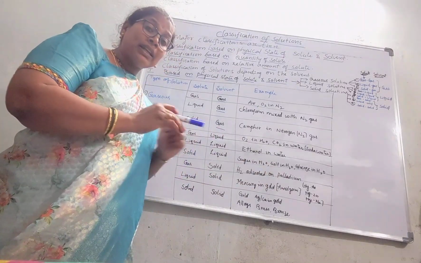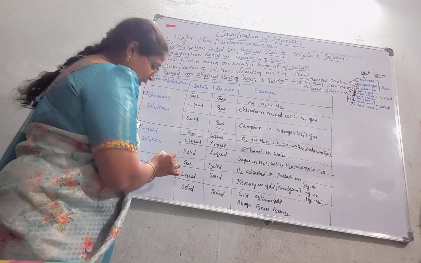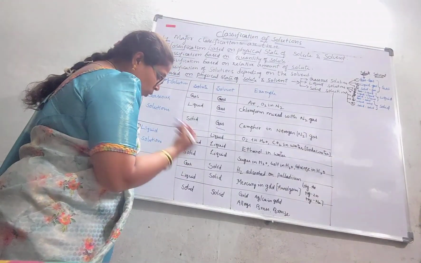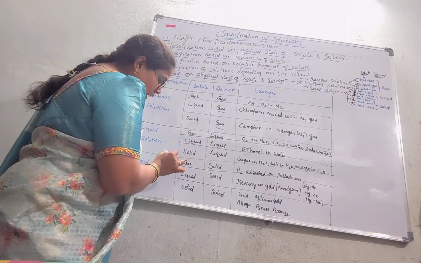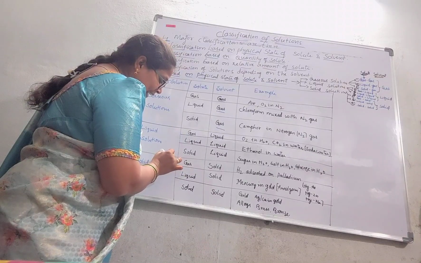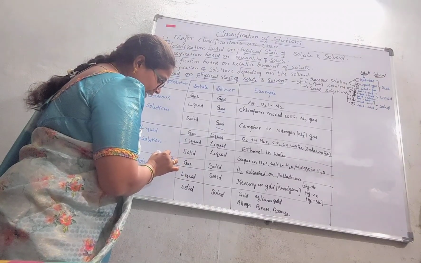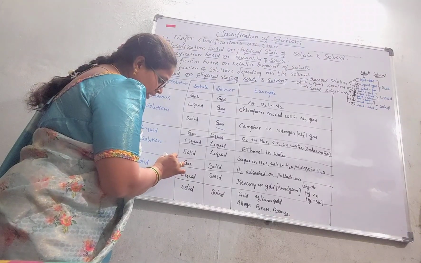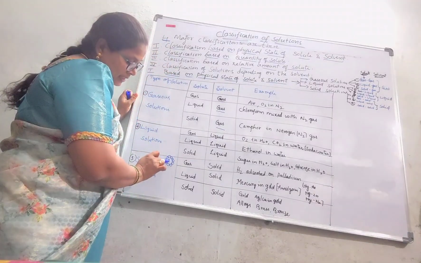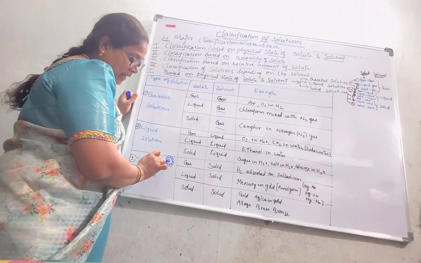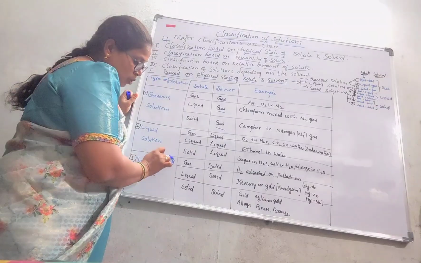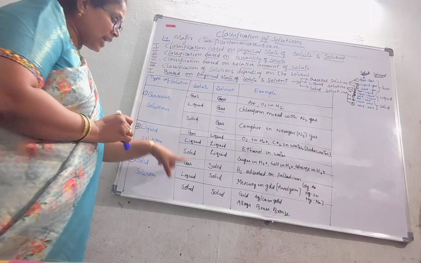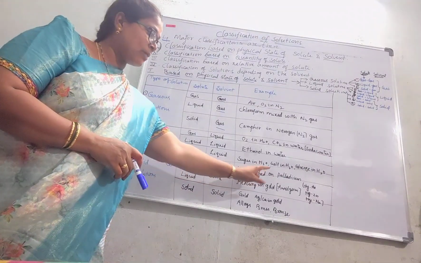Palladium is a metal, Pd. This is palladium metal. How will that H2 adsorb? Like this; adsorb means adhere. So this is the solvent, the metal palladium, and this is H2 adsorbed on the palladium. That is an example for gas in solid type, H2 adsorbed on palladium.